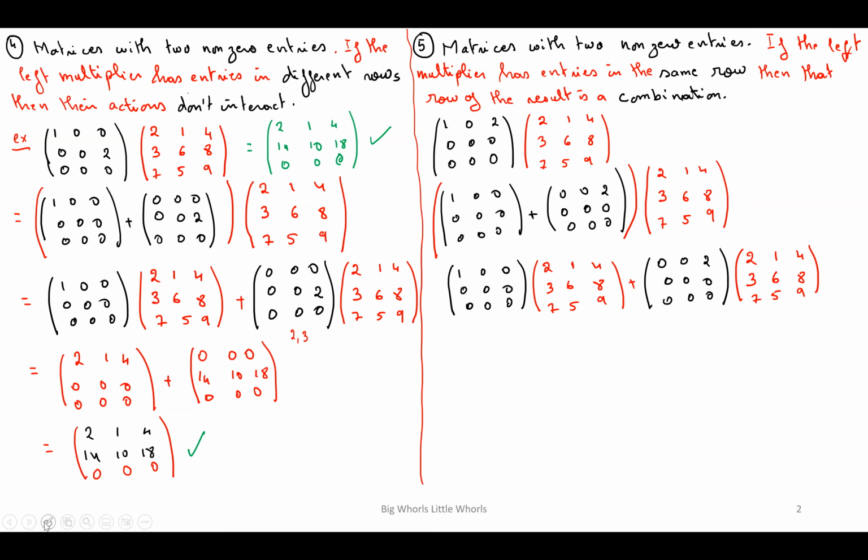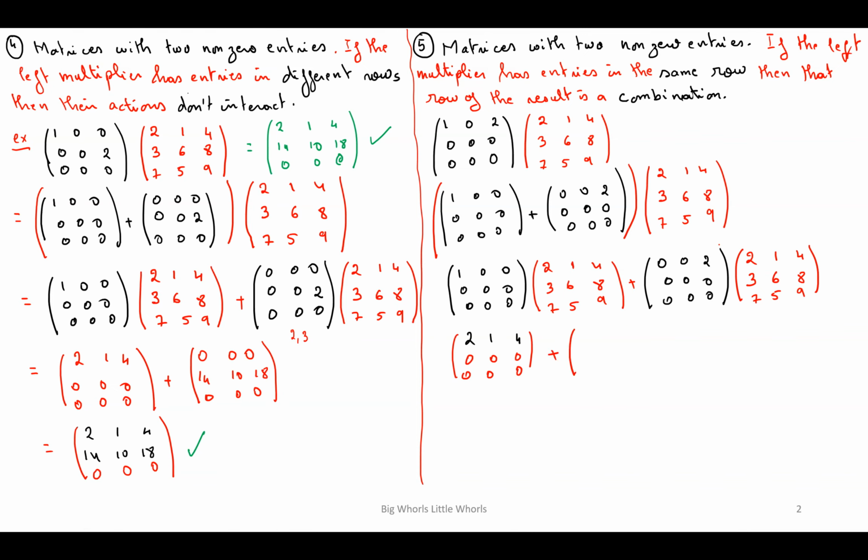We know that multiplying from the left, we just copy the first row, 2 1 4, and all the other rows are 0 0 0.